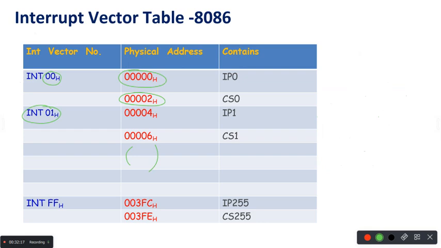Similarly, take some other code segment, like 0004. There also you have 0000 to FFFF possible. Yes or no? So if all were in the same code segment, it wouldn't be enough to handle all 256 interrupts. It is available in different code segments, so you have enough space to write your interrupt service routines.